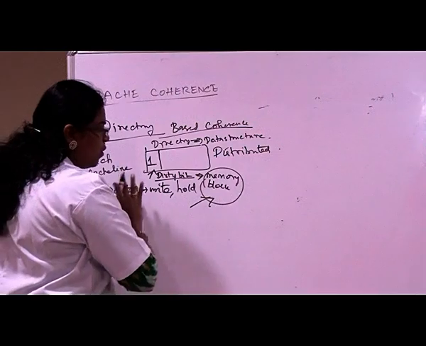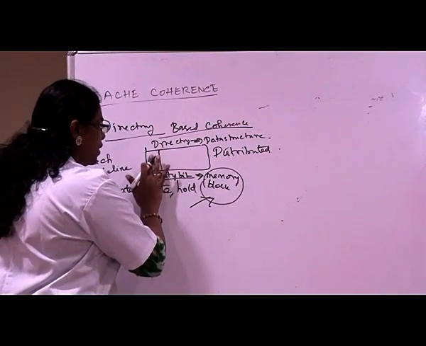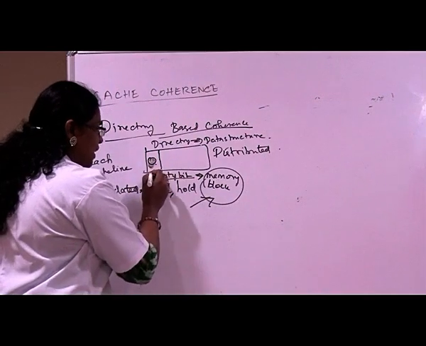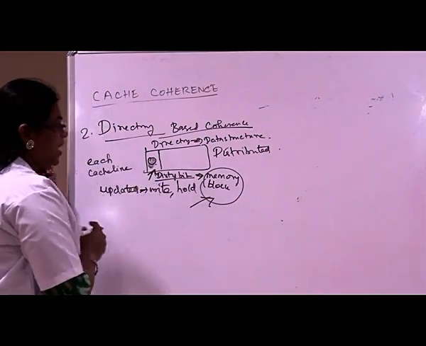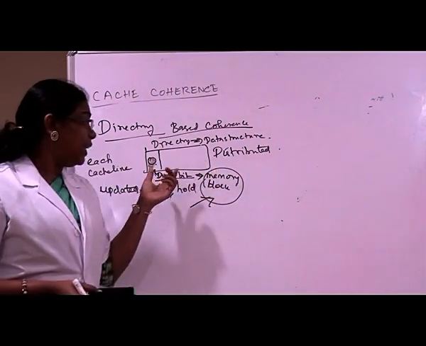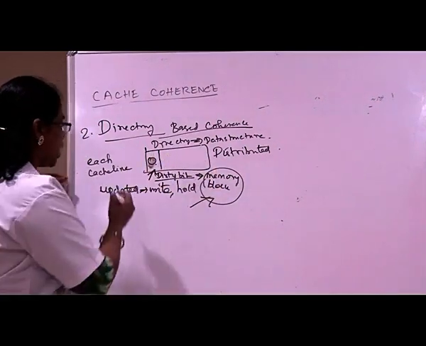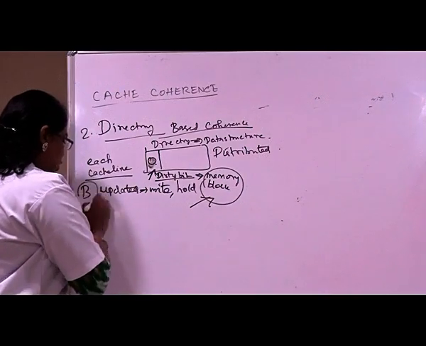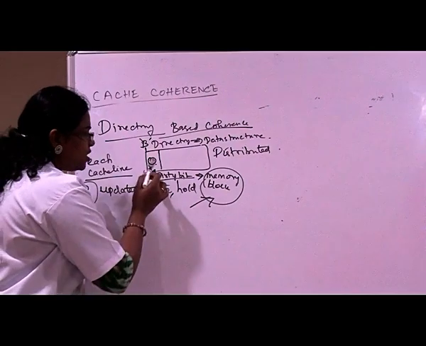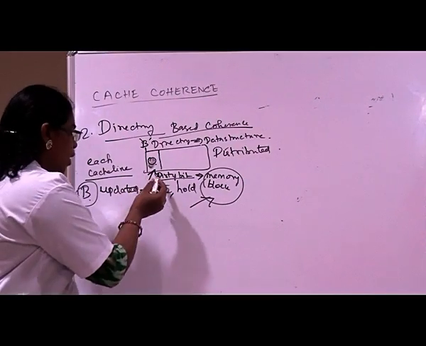If there is no write and I am just reading, the dirty bit will always be 0. Suppose I have a cache line called B. For the cache line B, I am maintaining a directory. So the first bit will be a dirty bit, pointing to B.